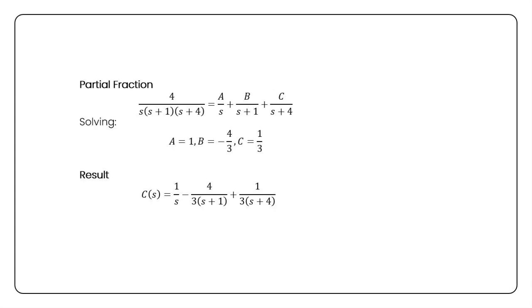Then we make s equal to 0, negative 1, or negative 4 to find the values of A, B, and C. So now we are done. We have our function as 1 over s minus 4 over 3 times 1 over (s plus 1) plus 1 over 3 times 1 over (s plus 4). Thank you.